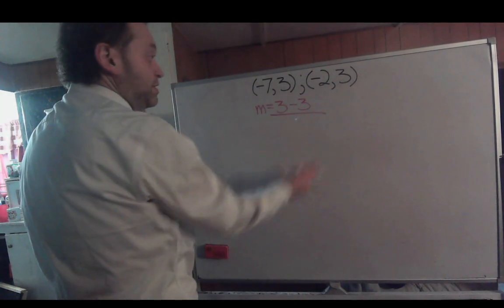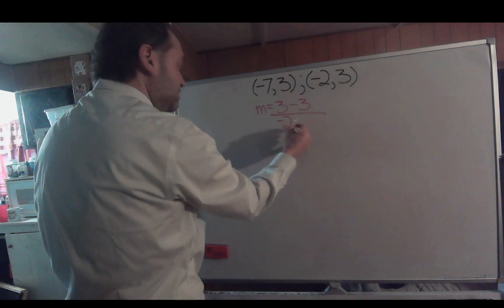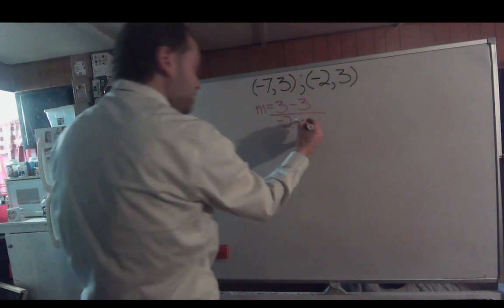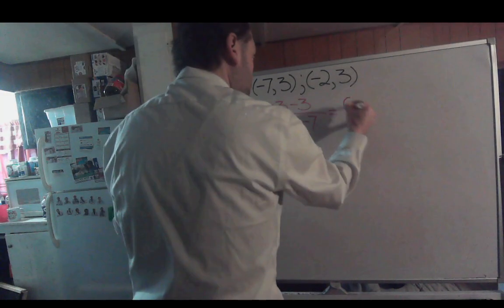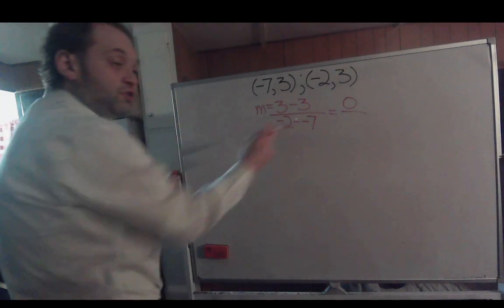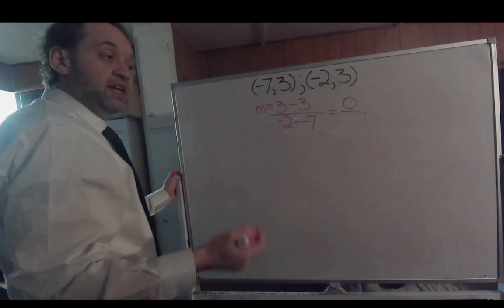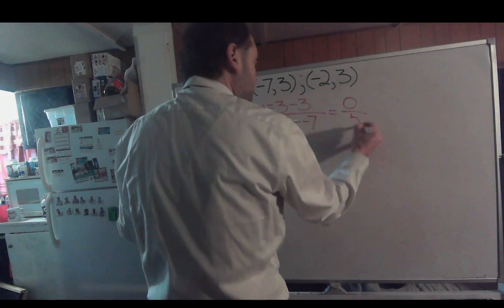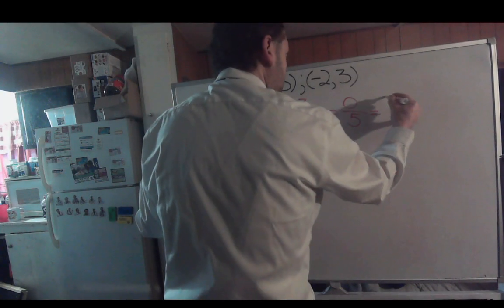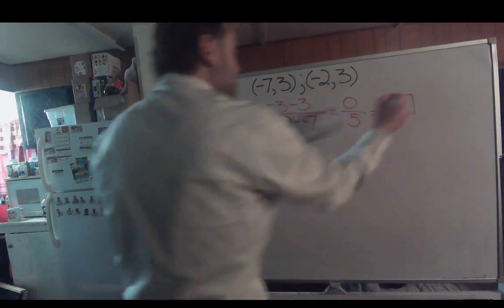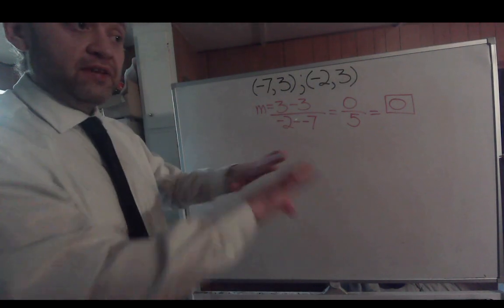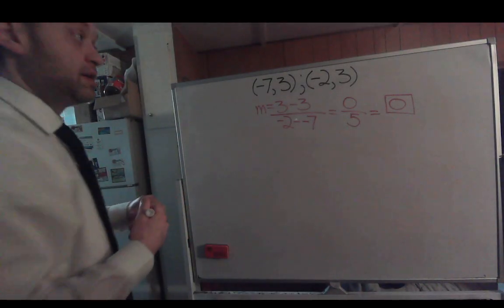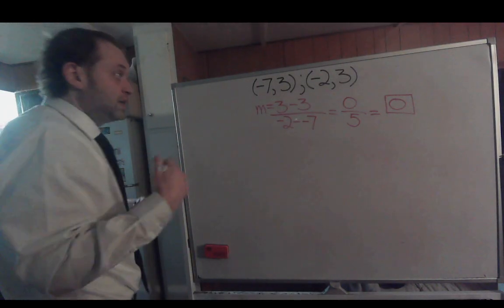Divide all that by your second x coordinate of negative 2 minus your first x coordinate of negative 7. Well, 3 minus 3 is 0, over negative 2 minus negative 7 turns into negative 2 plus 7, which would be 5. Well, 0 over 5 gives you a slope of 0. So the slope of this line is 0, which means I'm going to get a completely horizontal line.